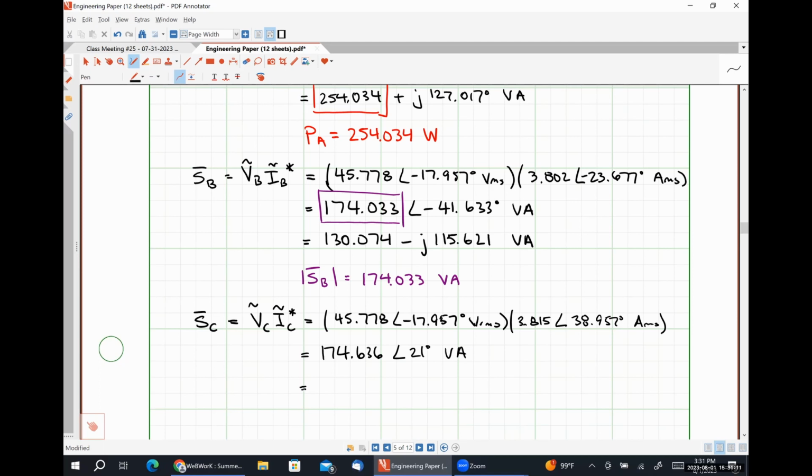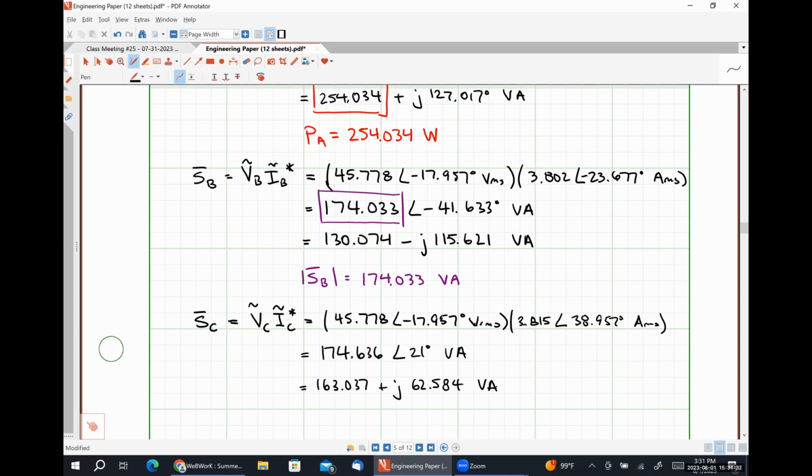And in rectangular form, this is 163.037 plus J 62.584 volt ampere.